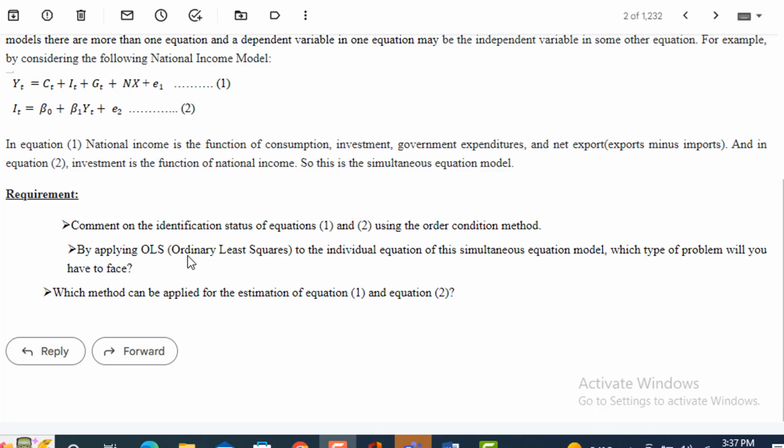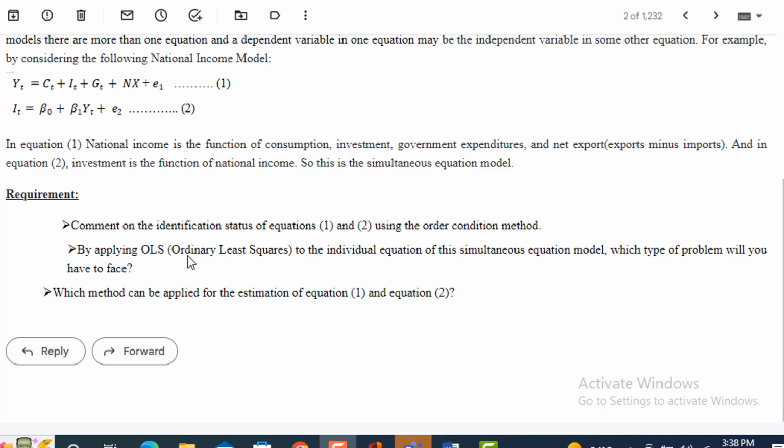By applying OLS, ordinary least squares, to the individual equations of this simultaneous equation model, which type of problem will you have to face? The second task urges you to mention the name of the problem if you are going to apply the OLS technique in estimation of equations 1 and 2.